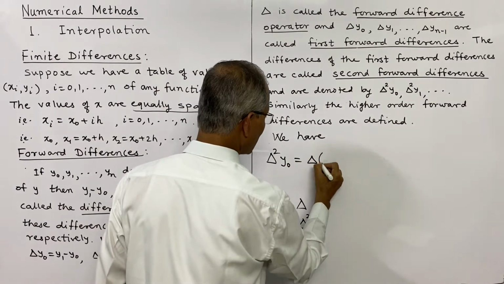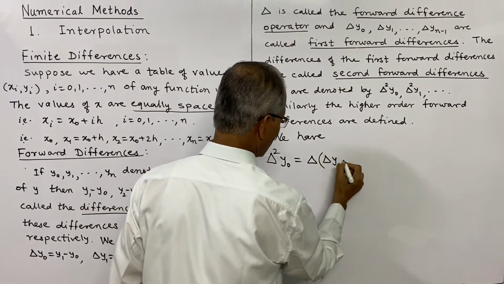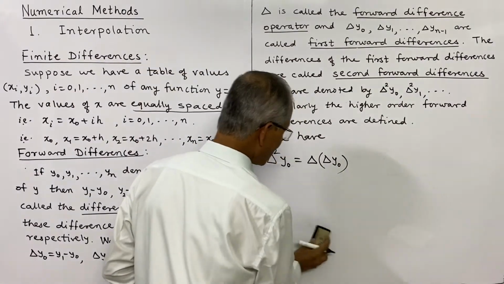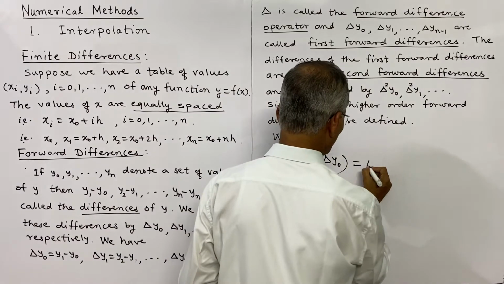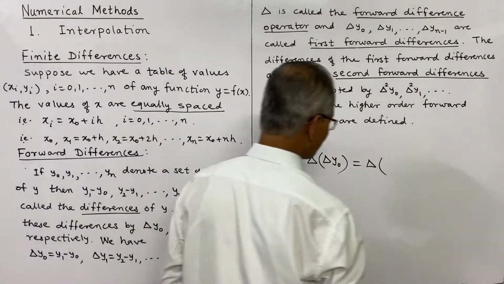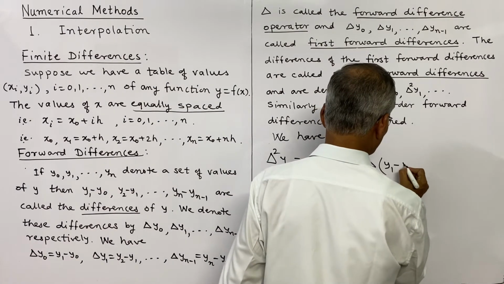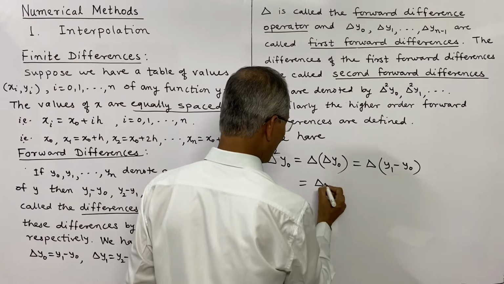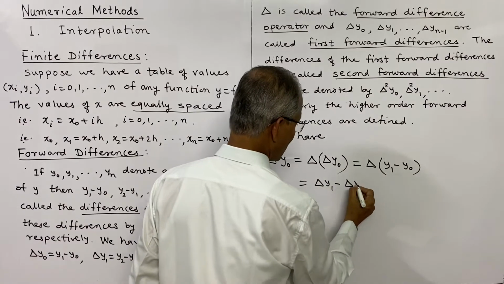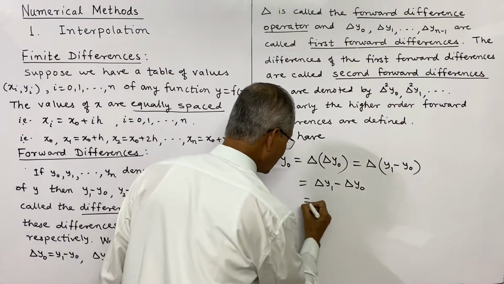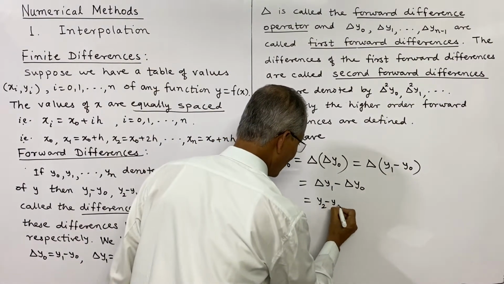This is again the operator Δ applied twice: Δ of Δy0. And what is Δy0? Δy0 is y1 minus y0, and therefore this will be Δy1 minus Δy0. What is Δy1?